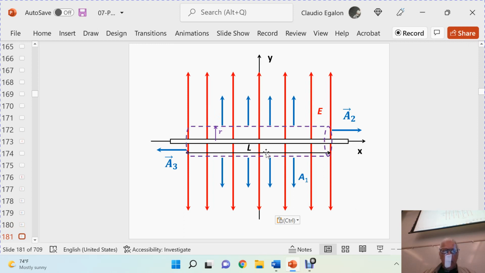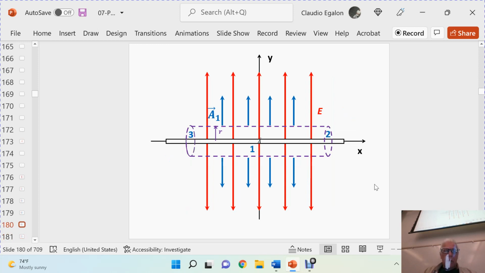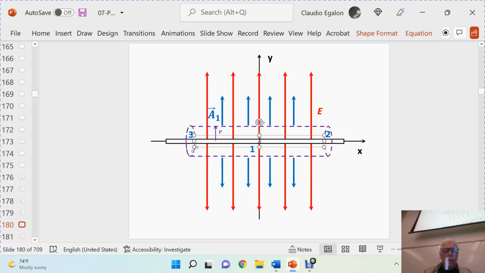What else am I going to do? I am going to make the length of the cylinder equal to length L. Lots of information. Sometimes it's difficult to understand, not because it's mathematically difficult, not because the idea is difficult, but because we have lots of information.